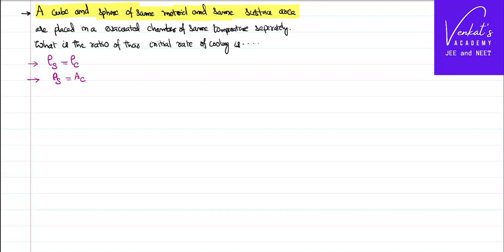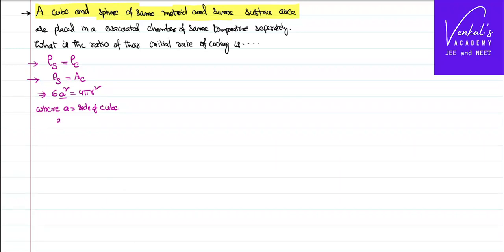So you can say surface area of the cube is 6a square, where a is the side of the cube. As it has 6 faces, each face of area a square, the cube has 6a square. Surface area of the sphere is 4 pi r square.